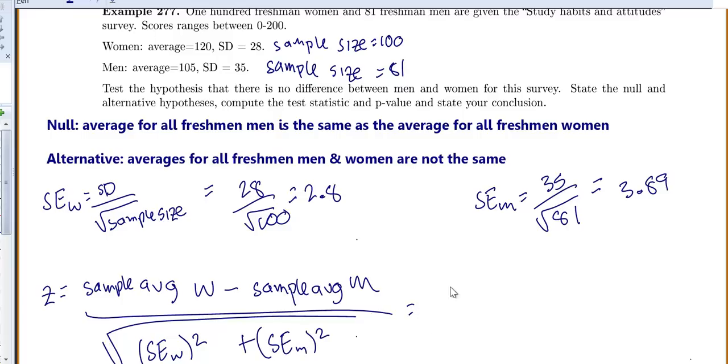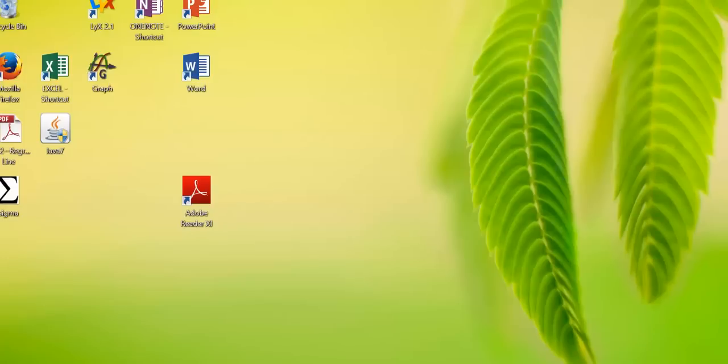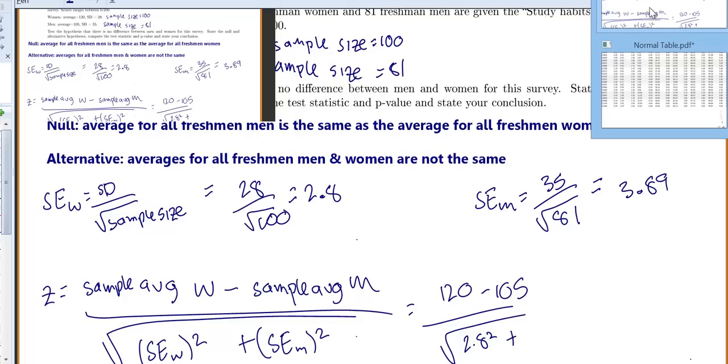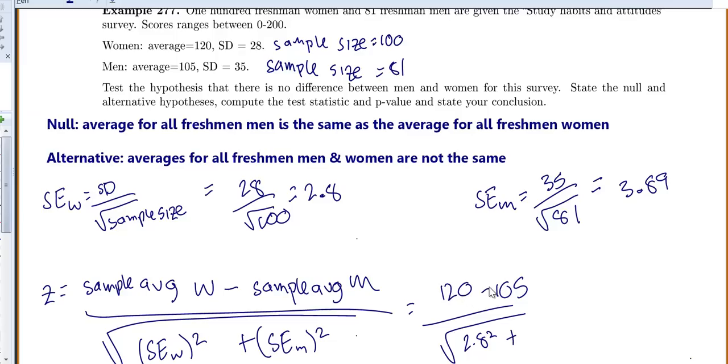So this is going to give me 120 minus 105 over the square root of 2.8 squared plus 3.89 squared. So I get a test statistic of Z equals 3.13.